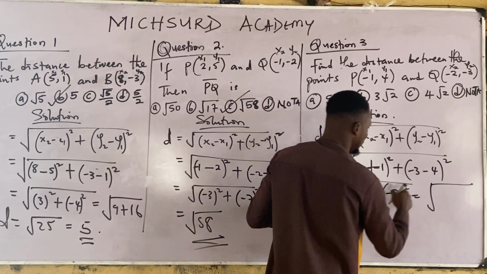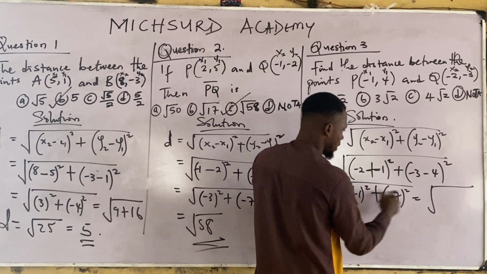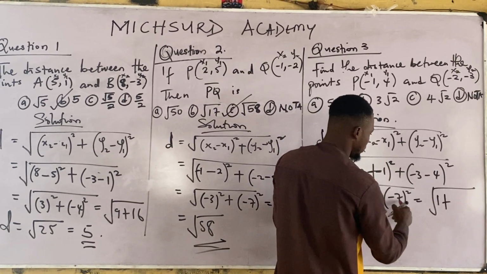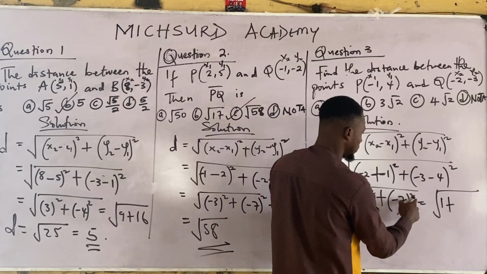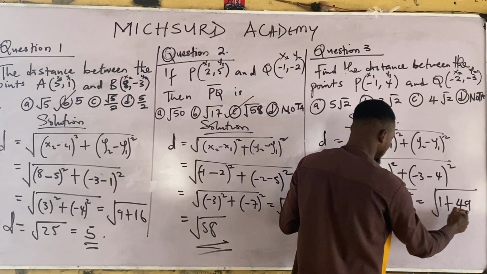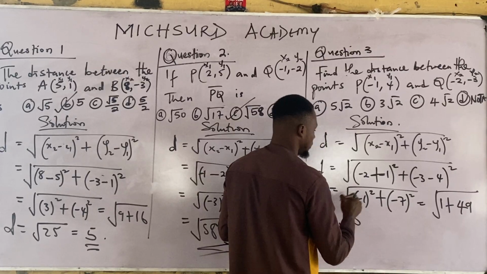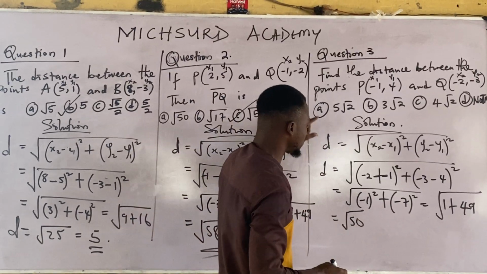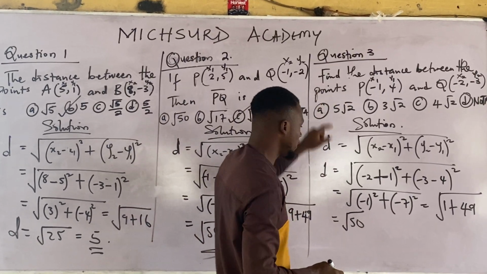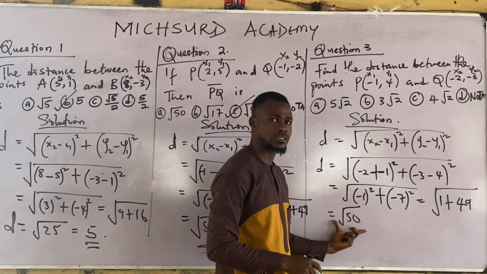We solve this. Minus 1 squared is 1 plus minus 7 squared is 49. That will give us square root of 50. If you watch the options, you won't see square root of 50, which means that we can simplify this more.